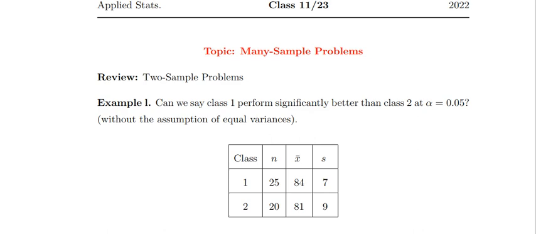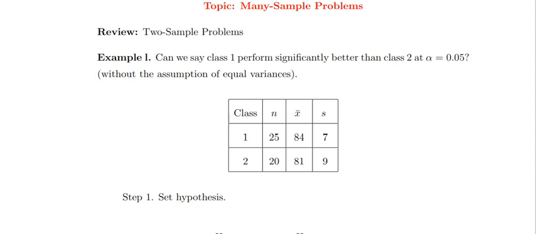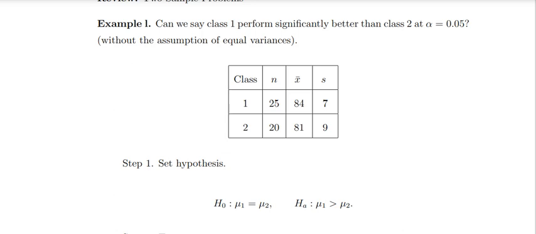Okay, so at first let's review the two sample problem. For the two sample problem, we convert the problem into a testing problem, right? The hypothesis H0 is no difference.